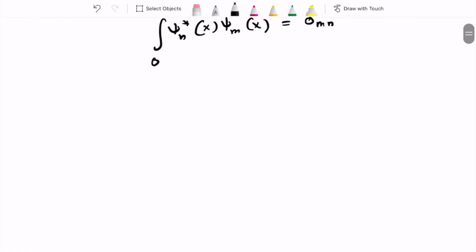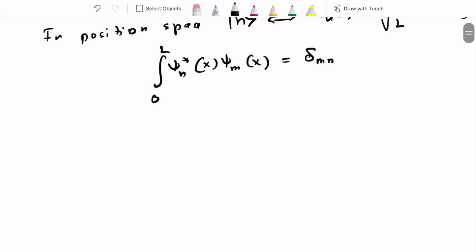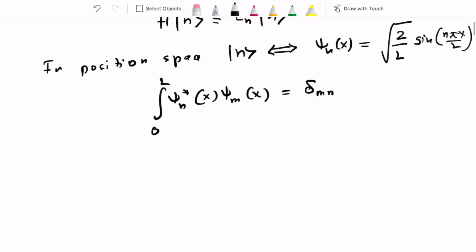Okay, now we're going to follow the GSI recipe. GSI means General Statistical Interpretation, recipe of calculating the probability of measuring an energy En, which means we want to find the probability that the particle lies in the particular eigenstate n. So that probability is going to be P of n.